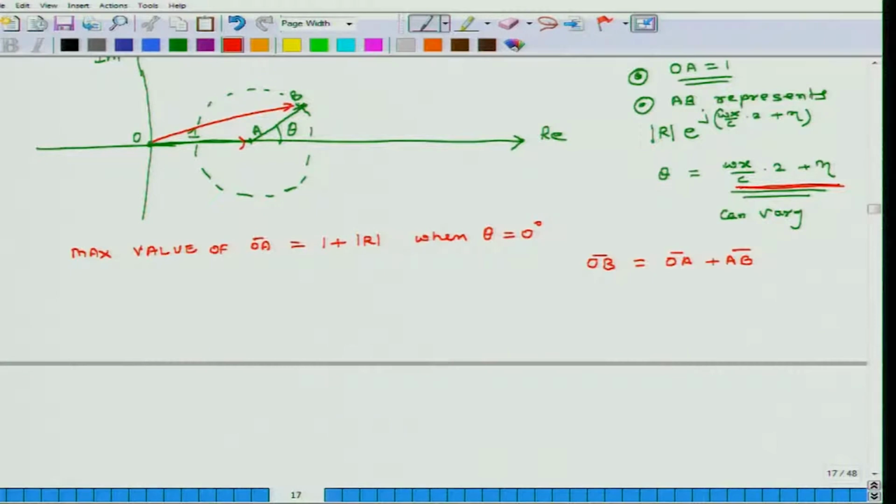So when theta is 0, then the magnitude will be maximum and its value will be 1 plus r, because the radius is r. Okay. And similarly, the minimum value is 1 minus r when theta is equal to 180 degrees or pi radians.